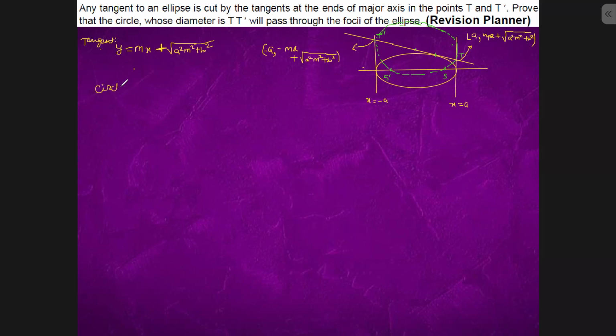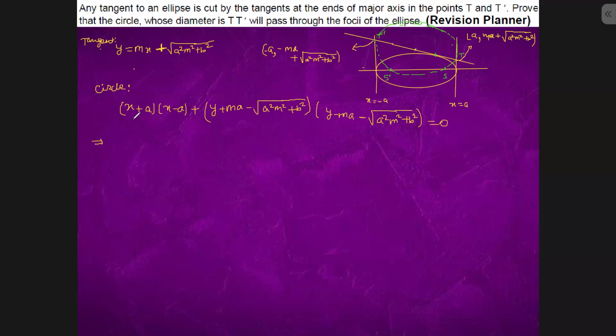Equation of circle will be x plus a into x minus a plus y minus, y plus ma minus root under a square m square plus b square into y minus ma minus root a square m square plus b square.